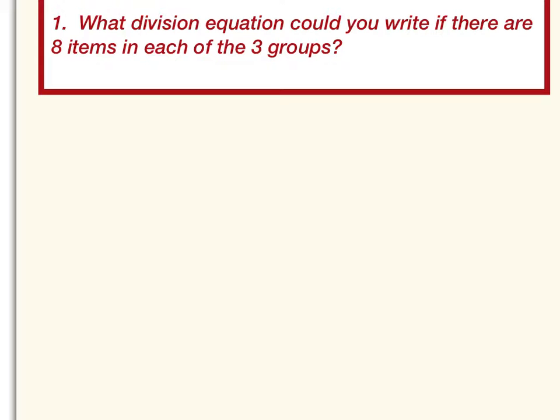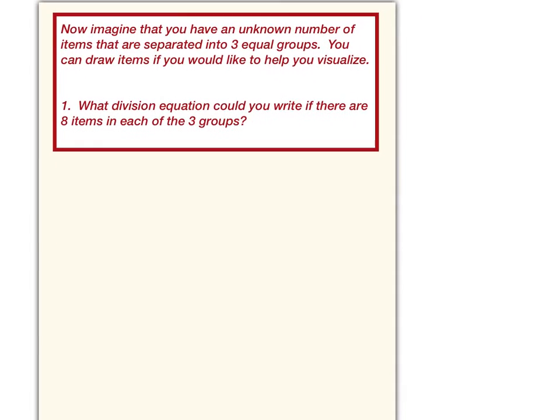Okay, you could actually draw a group here. It says imagine that you have an unknown number of items that are separated into 3 equal groups. You can draw items if you would like to help you visualize. So let's just say that if we had 8 items in each of 3 groups, so we would want to write, let's see if I can find something good to use.